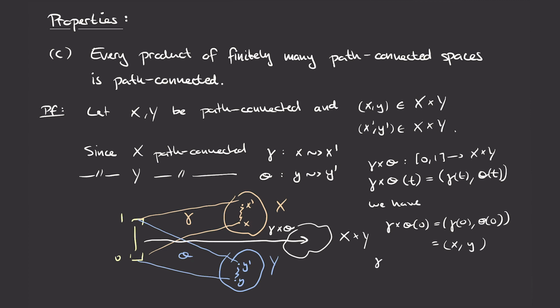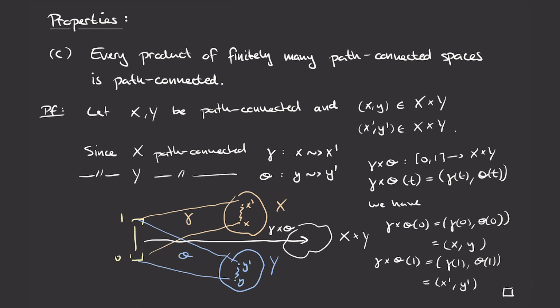And similarly, gamma times theta of 1 is equal to gamma of 1 comma theta of 1. And well, gamma of 1 is x prime and theta of 1 is y prime. So the point 1 is mapped to x prime y prime by gamma times theta. Okay, so this shows that if we take two arbitrary points in the product, then we can construct a path between them by taking a product of paths in the factors.